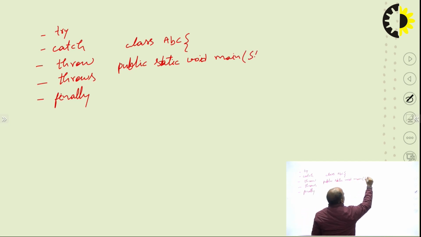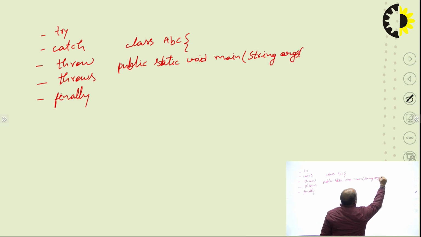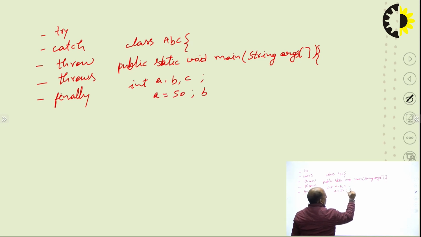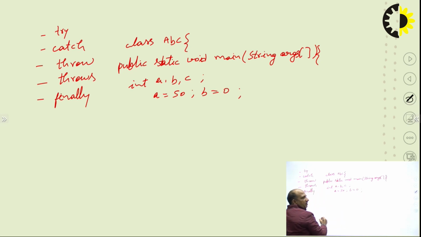In this main method there is a String type array, and here there are 3 variables a, b, c of int type. a equals 50, b equals 0, and there is the code c equals a by b that has some problem.